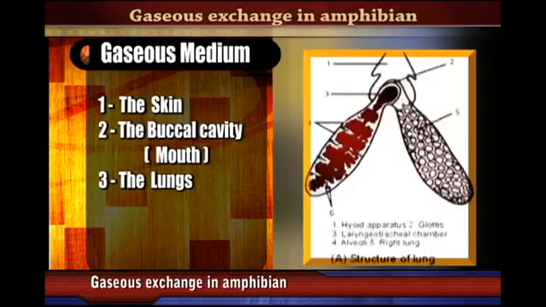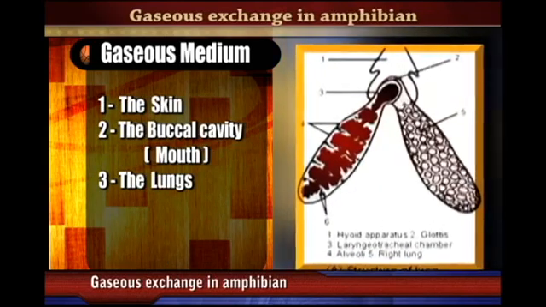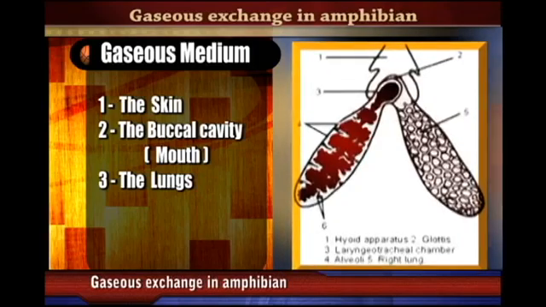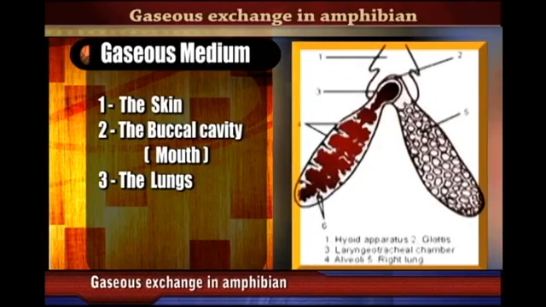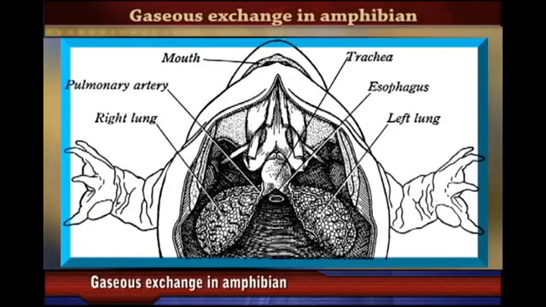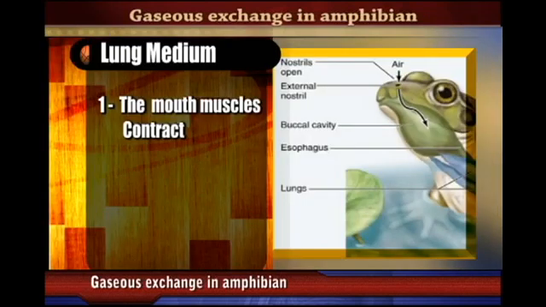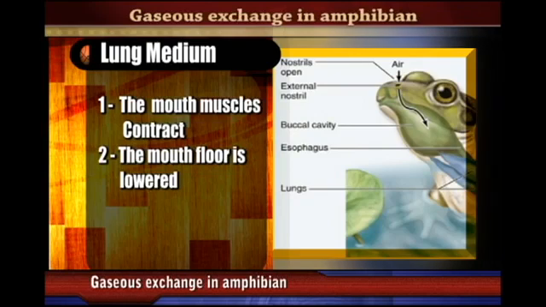Now we want to look at the third part of the body that takes part in gaseous exchange, and that is the lungs. The system resembles that of the buccal cavity, only that this time the air is going to go to the lungs. The mouth muscles will contract, lowering the floor of the mouth cavity.